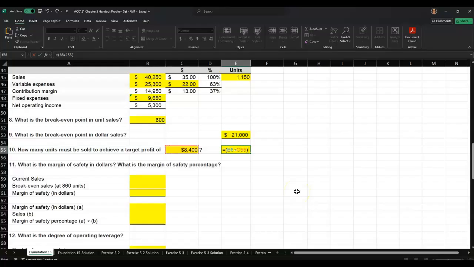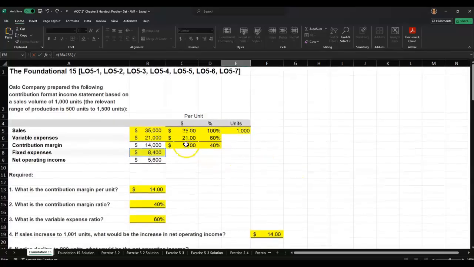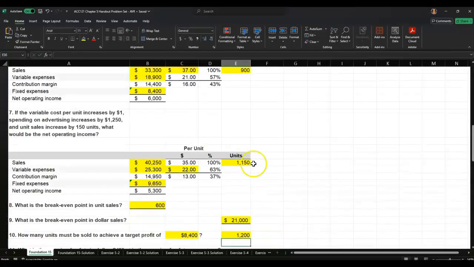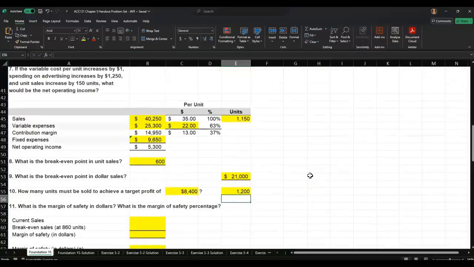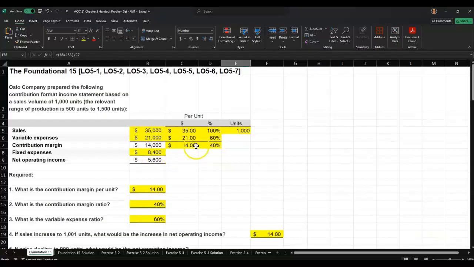We need to cover fixed expenses plus the additional profit and just divide that by the contribution margin per unit. So we've got 1,200 units to get to that point. We divided it by the $14 per unit from the original, right there.